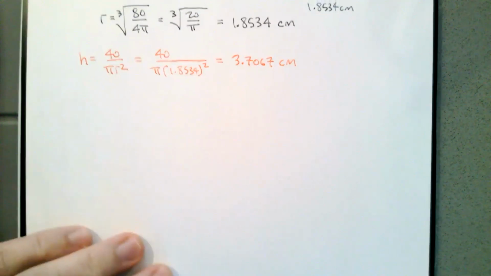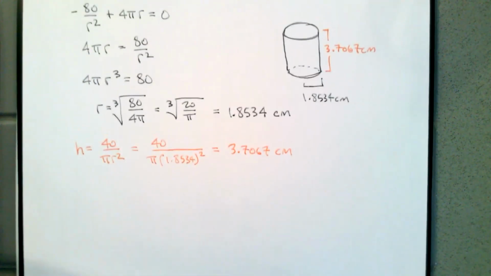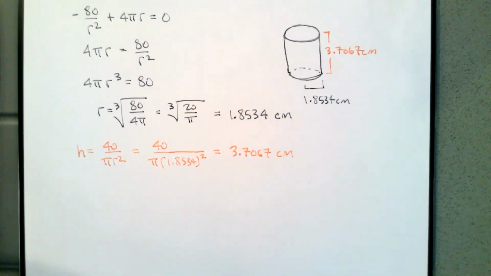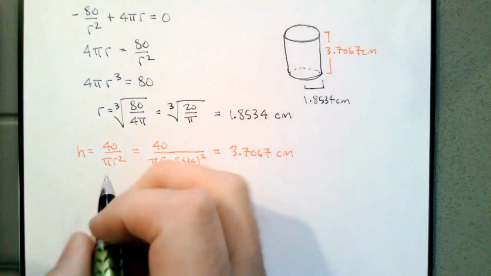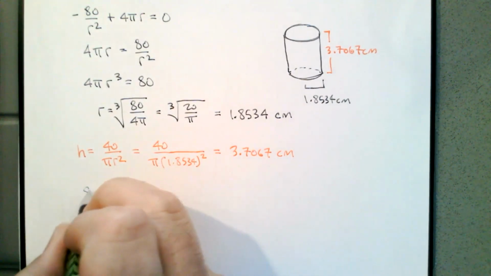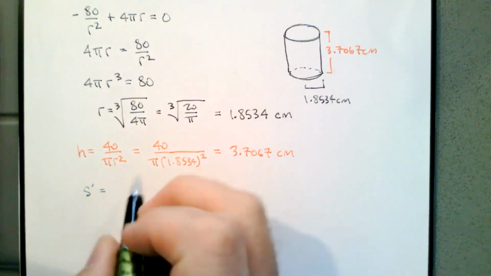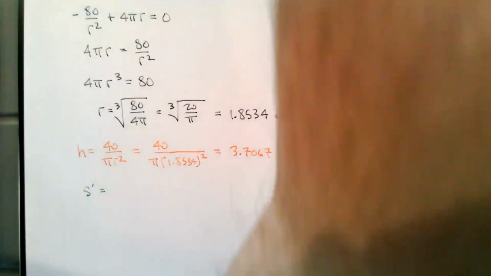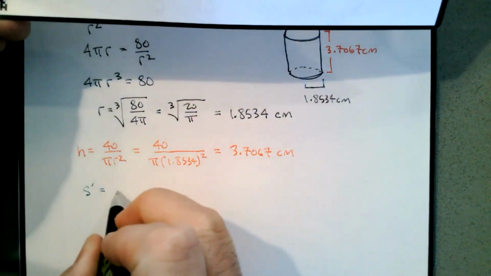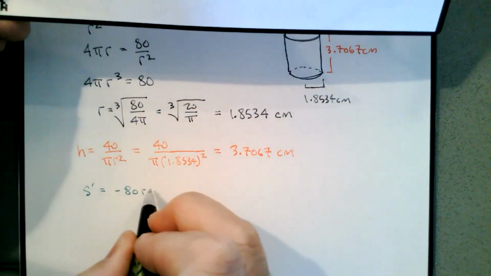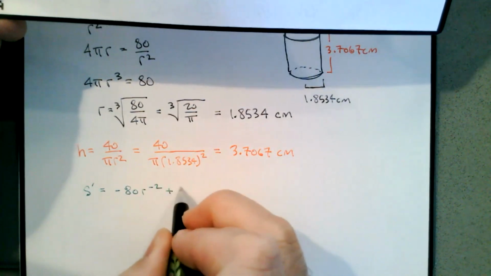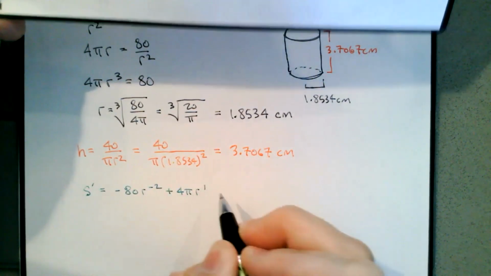So we didn't verify this. We could see by the graph that this is going to produce a local minimum. We could also check using S prime, if we're concerned. S prime was negative 80 r to the negative 2 plus 4 pi r to the first.